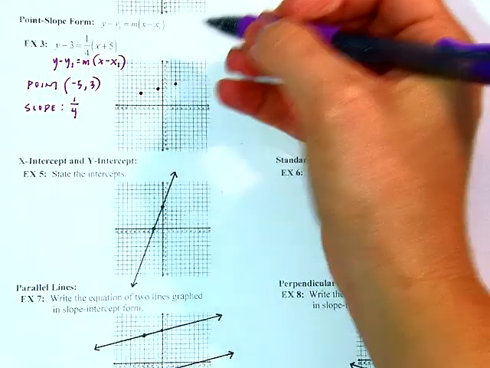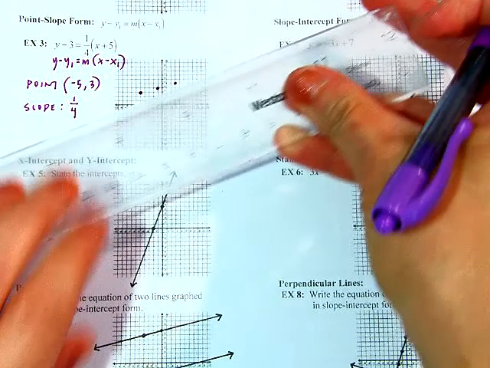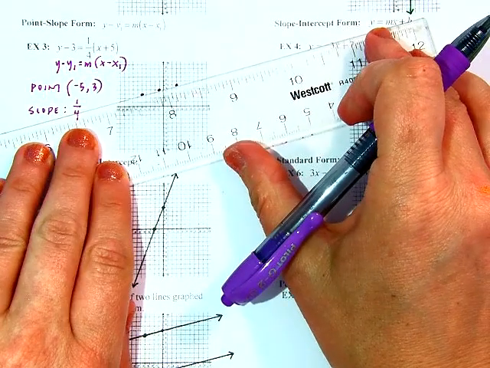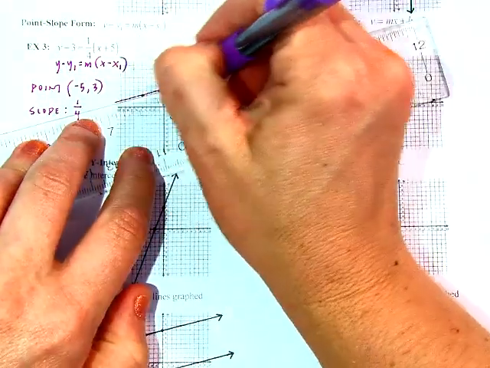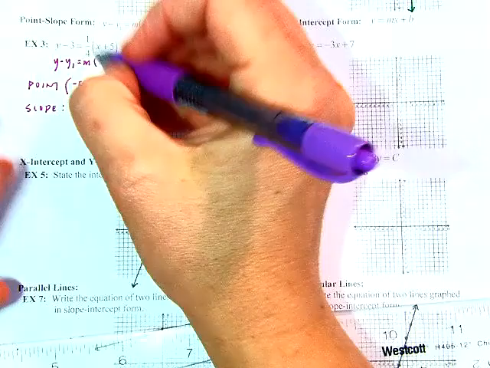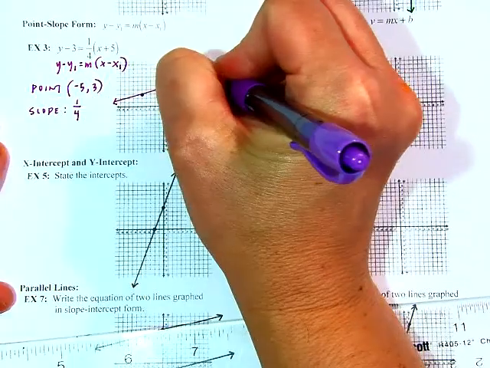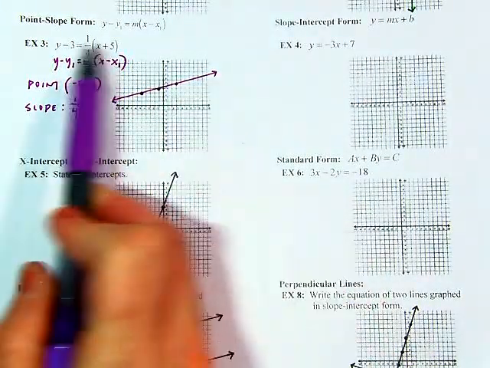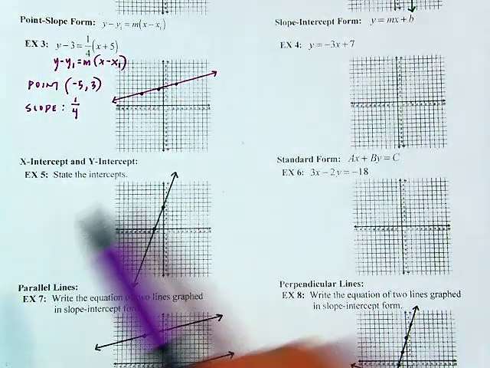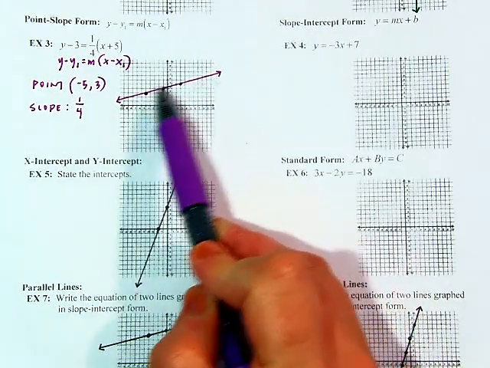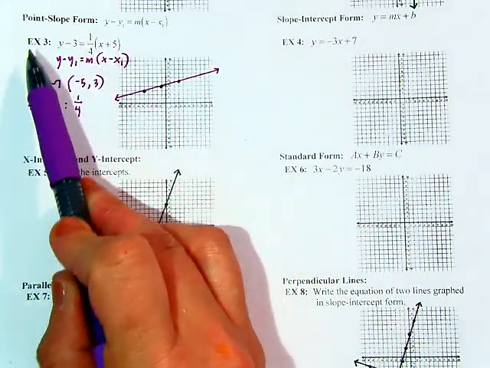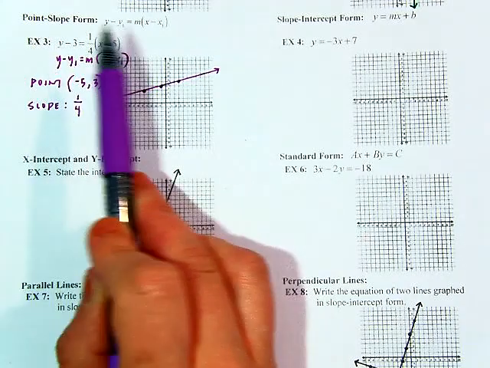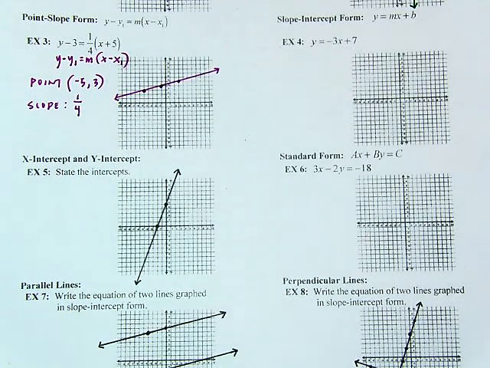And then I can connect my dots. And what's important to note is that any point, any coordinate along this line makes this statement true. So if I picked any point on this line and I plugged it right back into this equation, I should get a nice balanced value on each side.